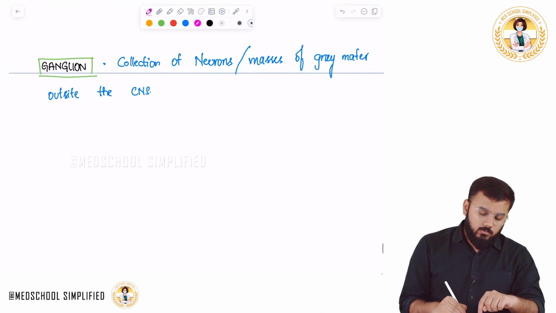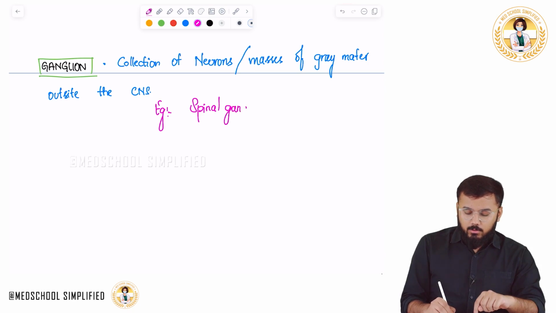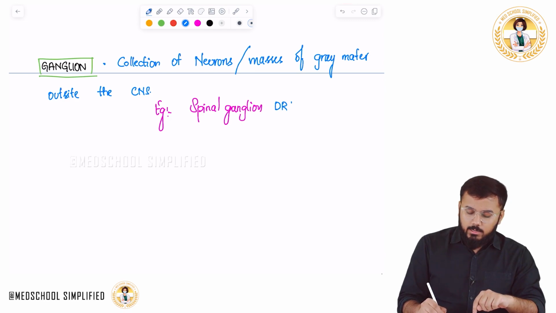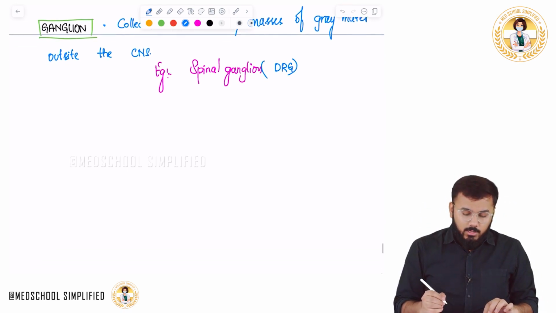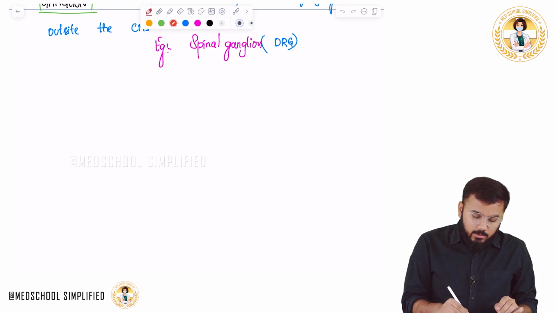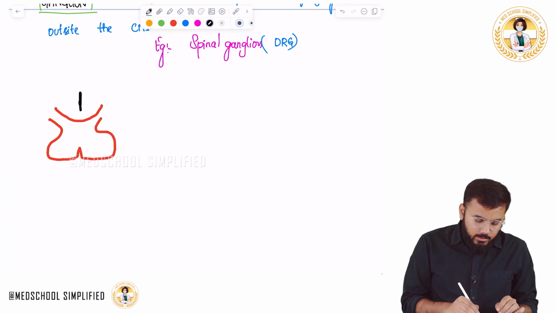For example, what is one example of a ganglion which you can give? That is your spinal ganglion. What is the other name for the spinal ganglion? It is also called DRG, dorsal root ganglion. So if you look at the spinal cord this way, let us say this is your spinal cord.